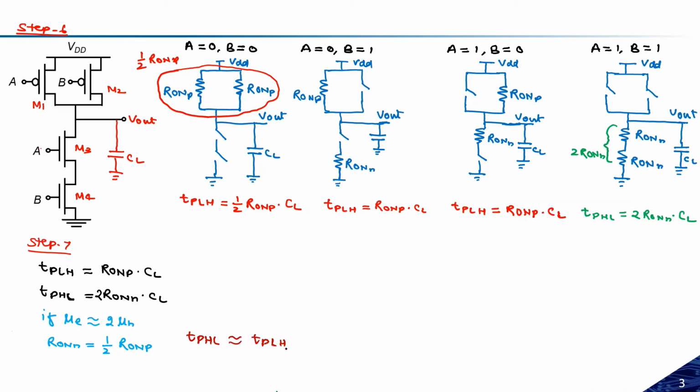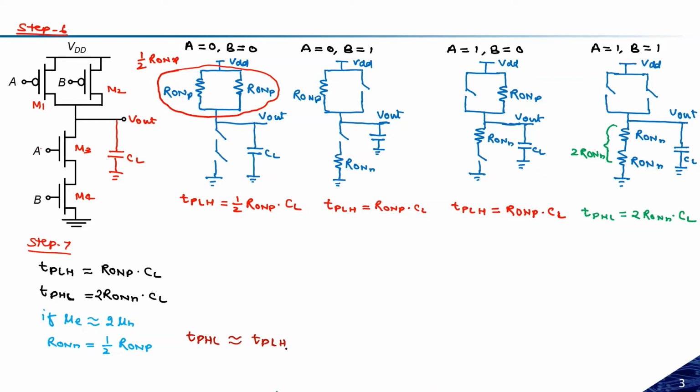What is the conclusion out of it? The conclusion will be more clear when I design other circuits, right? So this is really very important, which I'm saying here. If I am considering all the transistors with the minimum size or a small size, in that case I can make equal rise time and fall time.